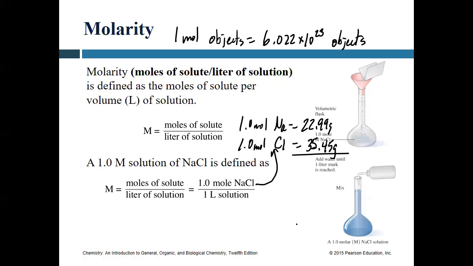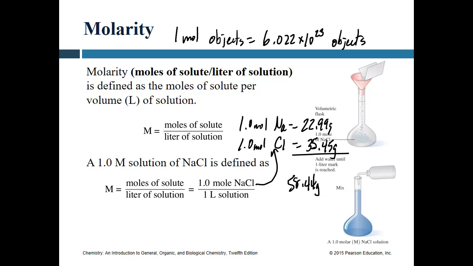Well, if I add those two numbers together, 22.99 plus 35.45, I get 58.44 grams. So if I were to make this solution, I would know exactly how much I needed to do.